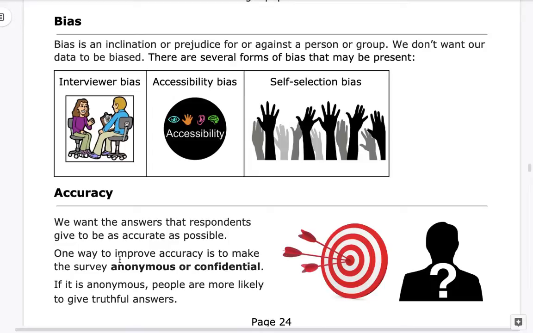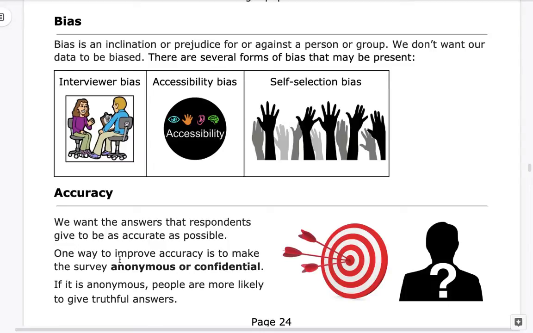If the interviewer was middle-aged, or quite elderly, that could mean that people would give a different response to different interviewers. So that's called interviewer bias. Accessibility bias. Some forms may be more accessible than others to some surveys. So that could be an issue. And self-selection bias, which we've looked at before.